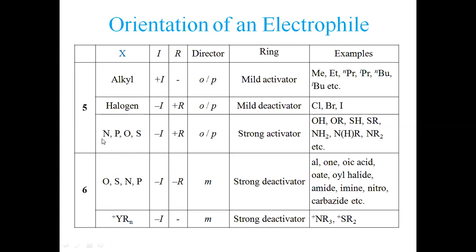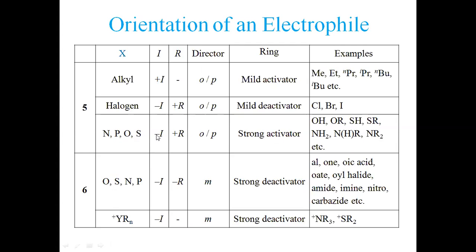So it may be nitrogen, phosphorus, oxygen, sulfur, it may be halogen, etc. If it is nitrogen or phosphorus, 1 non-bonding electron pair; oxygen or sulfur, 2 non-bonding electron pairs. So due to inductive effect, this is minus I. Minus I means this is electron withdrawing because they all have electronegativity higher than carbon.